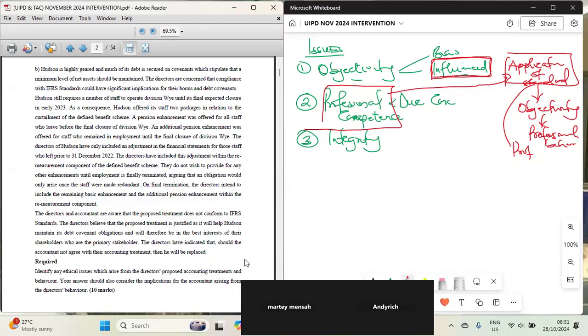Now, you can say that whatever the director is doing is going to cause an issue of integrity for the accountant if he yields to that. So you can't use the director as a direct answer, but the influence comes from the director into the accountant. I don't know if you are getting my point. I get it. So instead of using the director, you can use the behavior of the director and how it affects the accountant. Exactly. Okay.